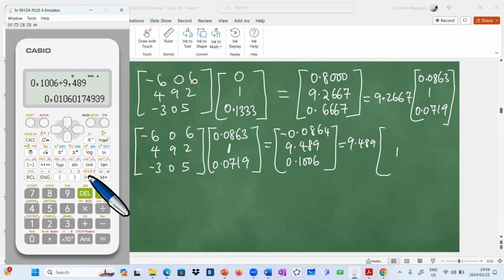Okay, so that is the bottom one, and then you have a 1.